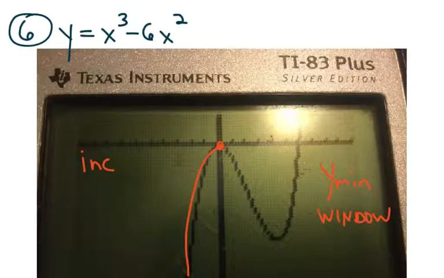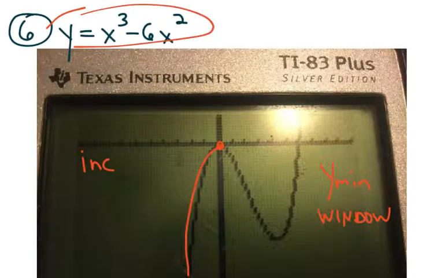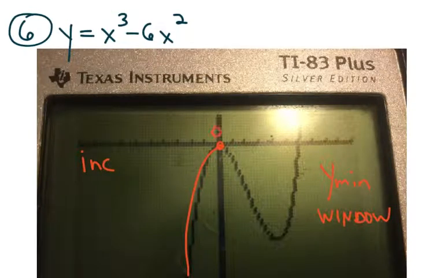And according to my calculator, it's at 0, 0, which makes sense because if you plug 0 in for x, the output is 0. So if the x value is at 0, then we say the graph is increasing when x is less than 0. The first interval will always be x is less than something. At 0, it begins decreasing.